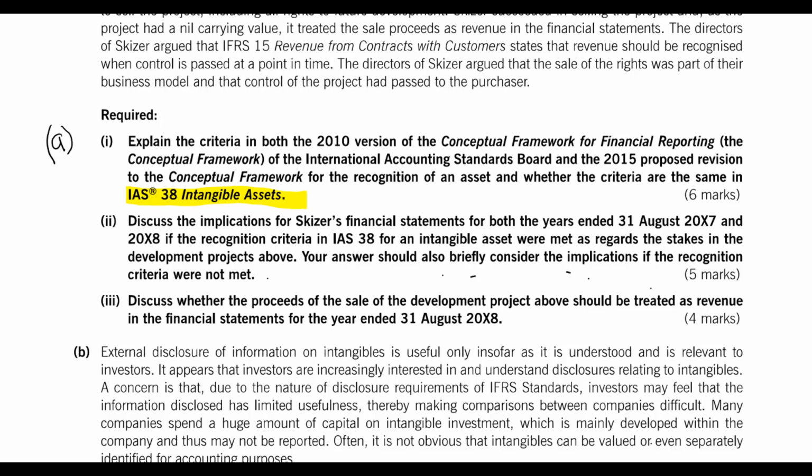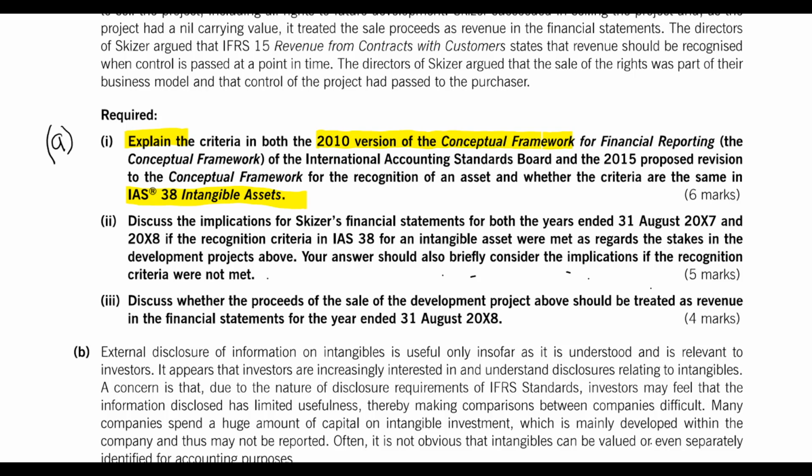A Part 1 is a standalone requirement for 6 marks. It wants us to explain the criteria both in the current version of the framework, the proposed revised version of the framework, and IAS 38 in respect of the recognition of assets. Now, being asked to do 3 things for 6 marks, it's reasonable to assume that we're going to pick up a couple of marks on each point.